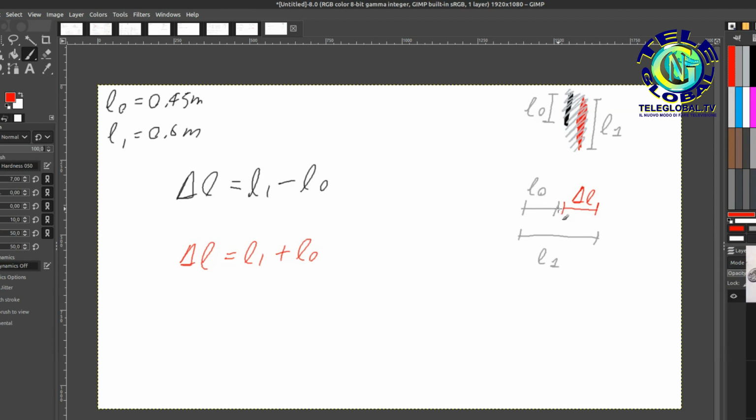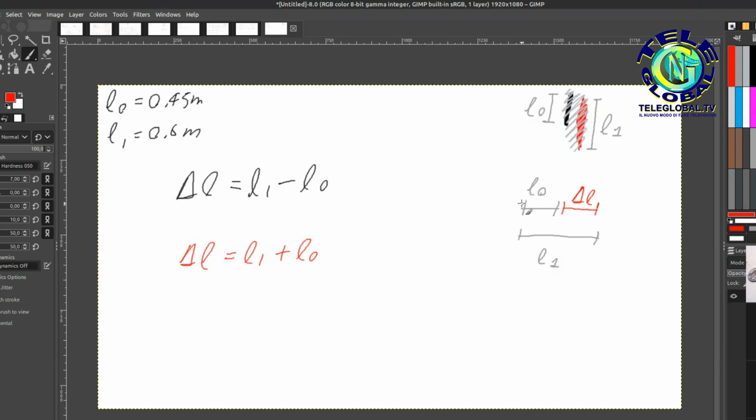So the amount that the spring stretched is this. Is it clear, or do I start over in a different way? No, it's good. Yeah, I understand.